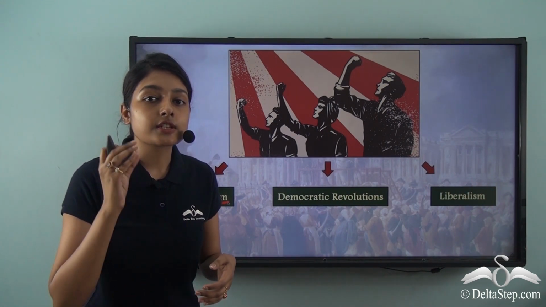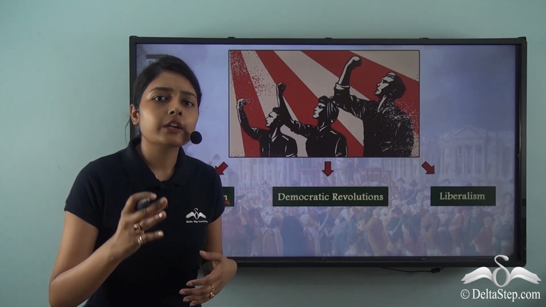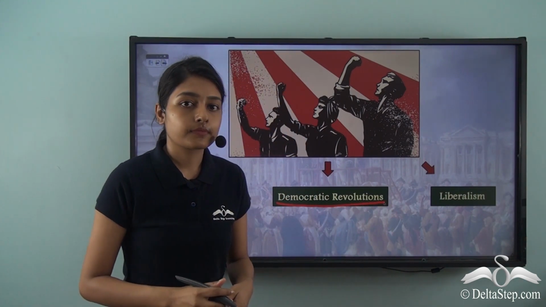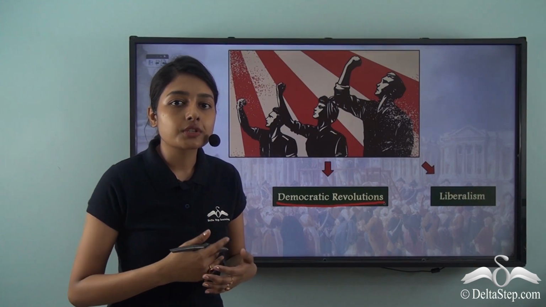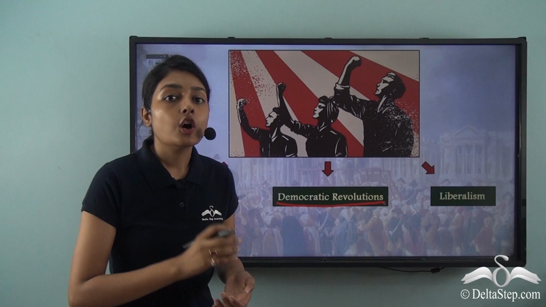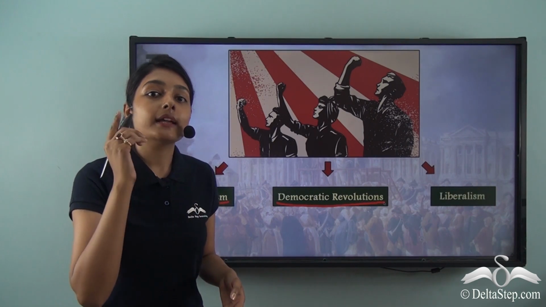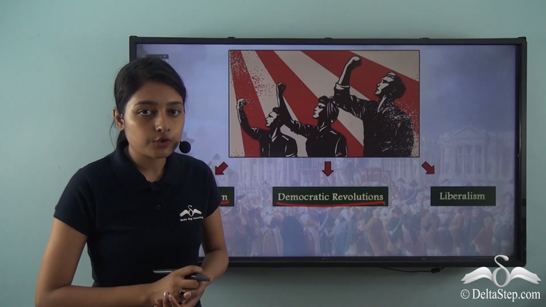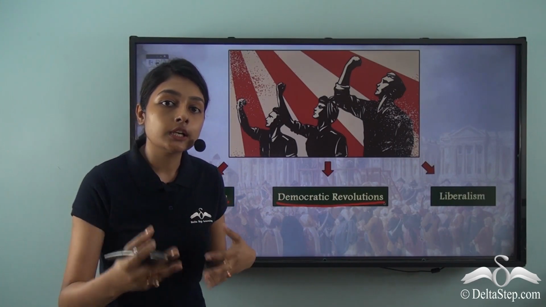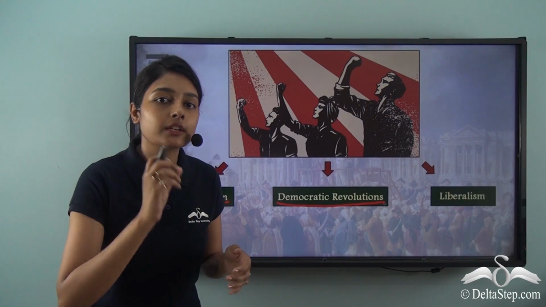And in turn, this democratic revolution inspired further democratic revolutions throughout the world. Which is why many countries that gained independence subsequent to the French Revolution were directly inspired by this one democratic revolution. Which is why the French Revolution is a very crucial turning point in human history.